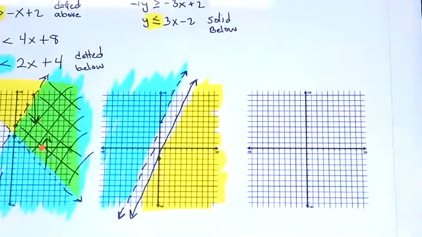So this is kind of an interesting special case. What do you guys notice about the two lines that we graphed there? Yeah, they don't cross. They're parallel. Where does the shading overlap? Does it even overlap at all? Nope. So guess what?